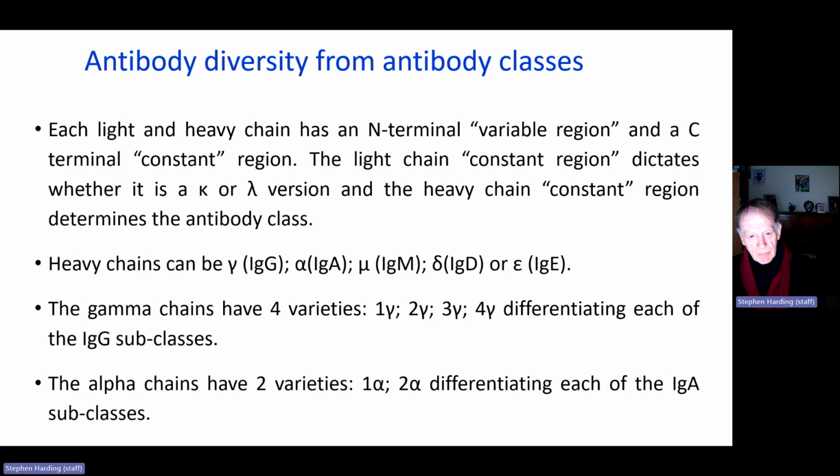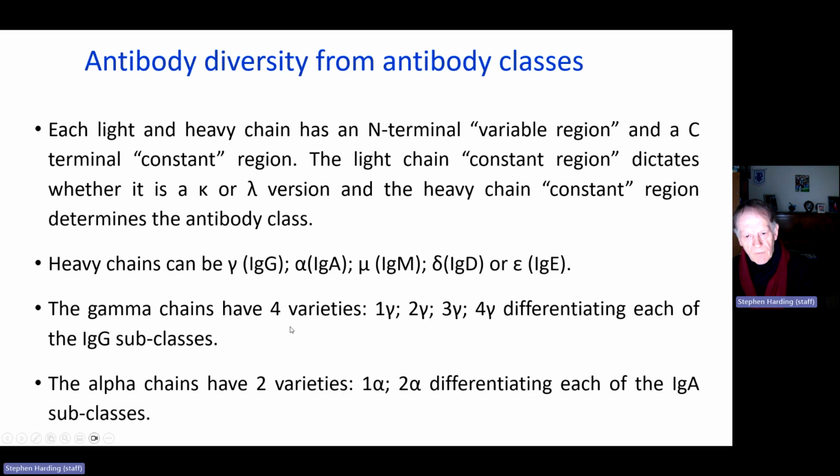And the heavy chains can be gamma, IgG, alpha, IgA, mu, IgM, delta, IgD, or epsilon, IgE.